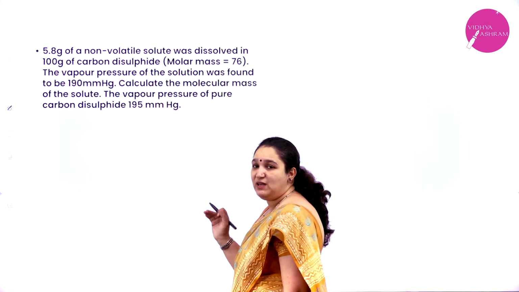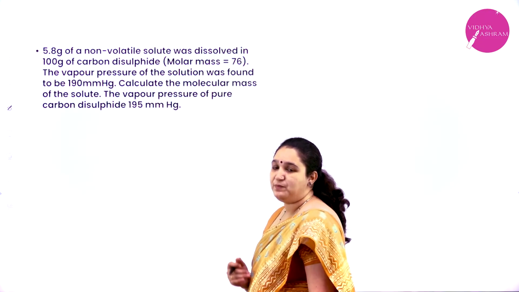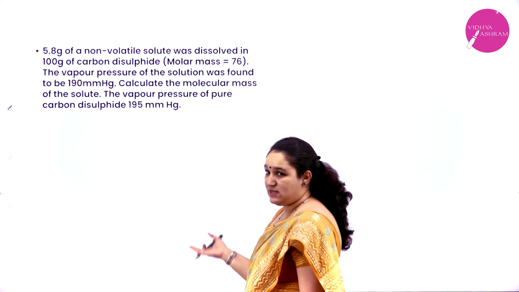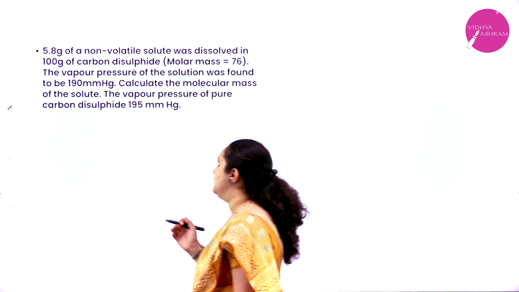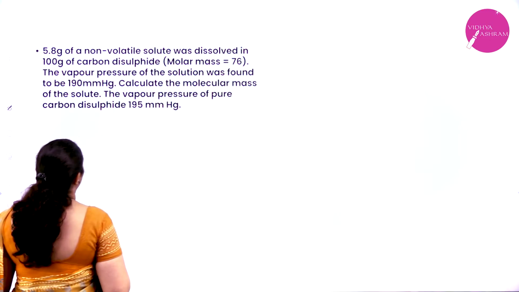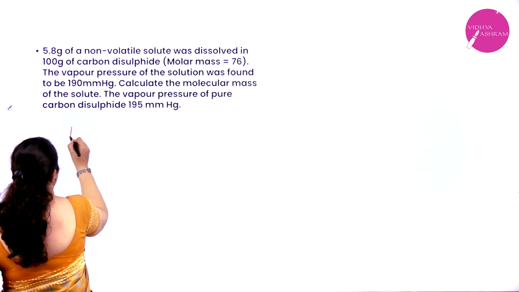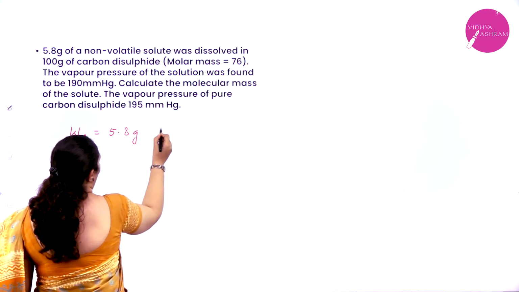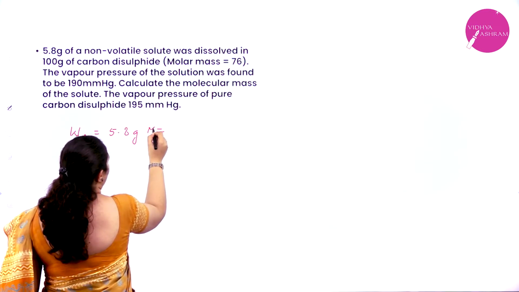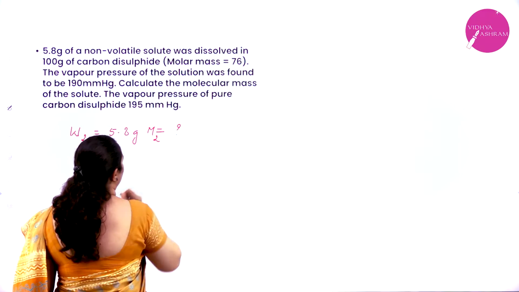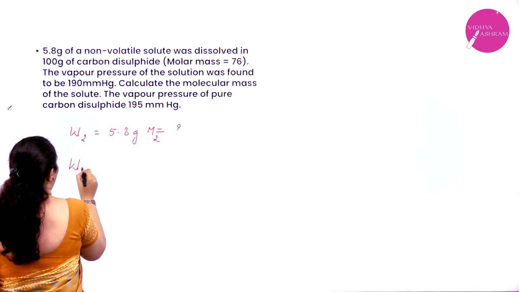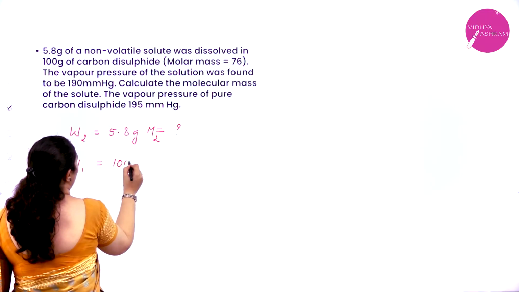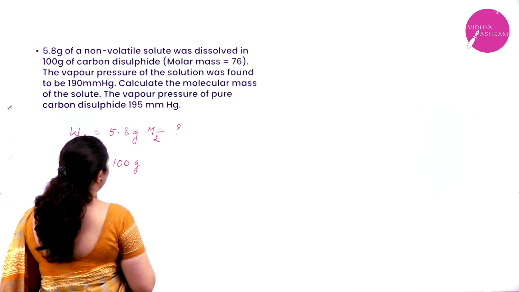Now it is similar to the first one which we solved. So I'll write what all is given in the question. So 5.8 grams of non-volatile solute. So W2 is 5.8 grams. Also you need to calculate molecular mass of the solute. W1, that is carbon disulfide, is 100 grams, correct?